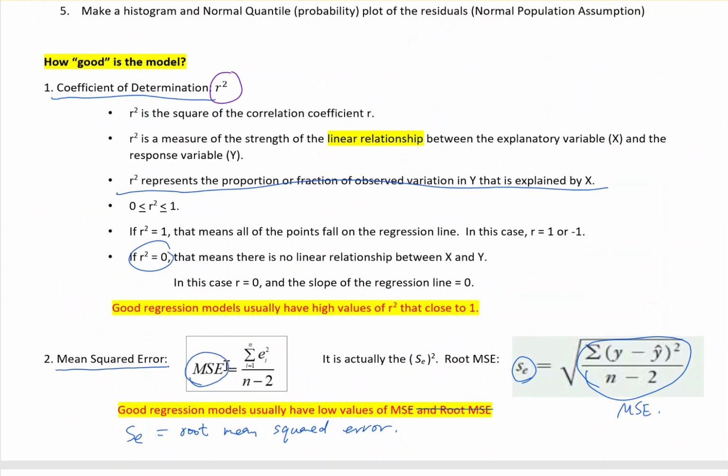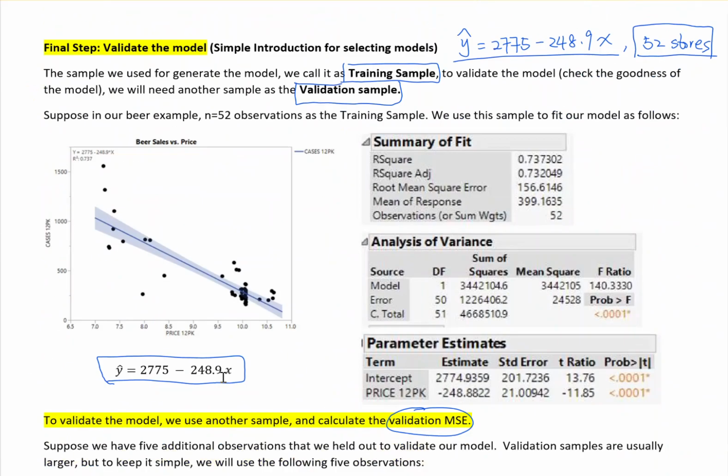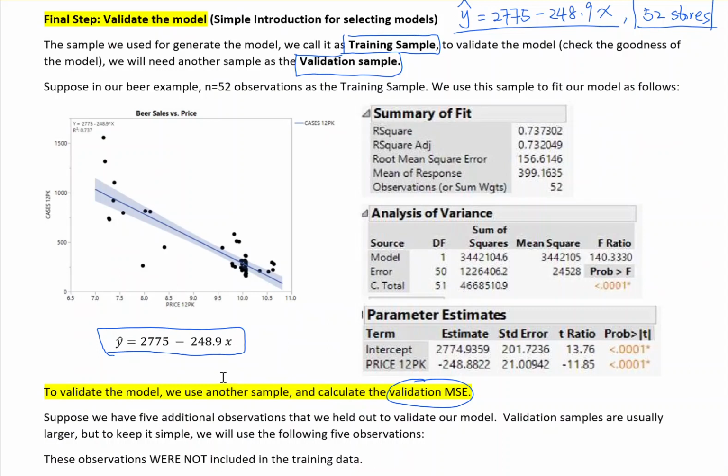Although it is in the output, we also need the value of MSE. We want the MSE to be as small as possible. For the training sample, we have already got the MSE.